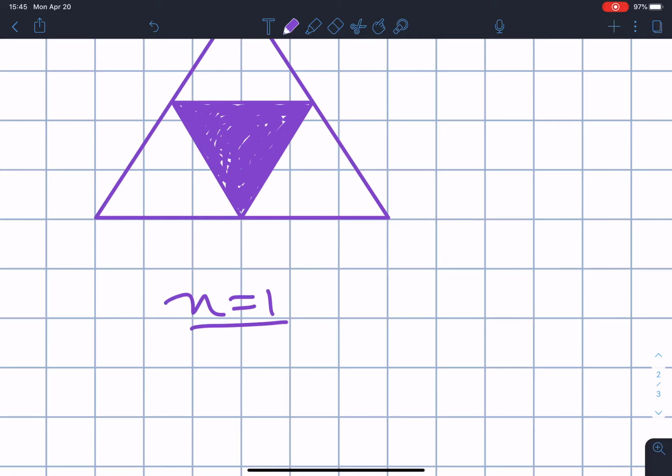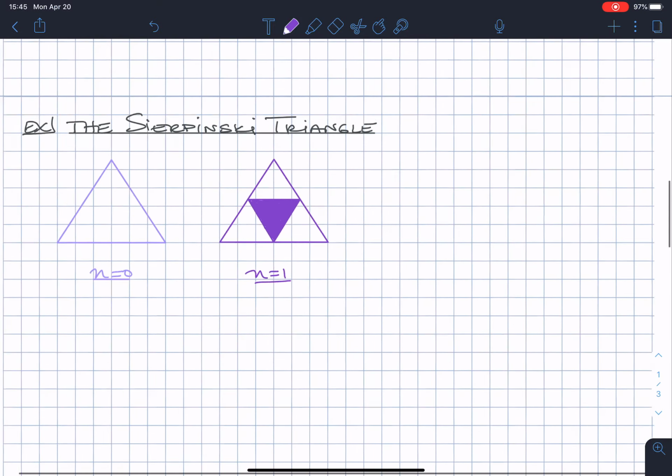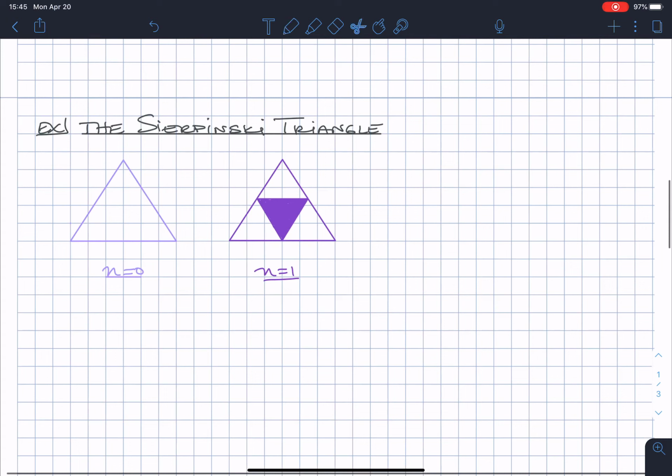Good enough for government work, hopefully. Okay, so that is iteration 1. So let me copy and paste that, because clearly we have 3 triangles here.